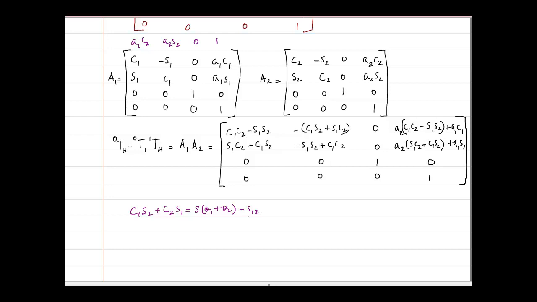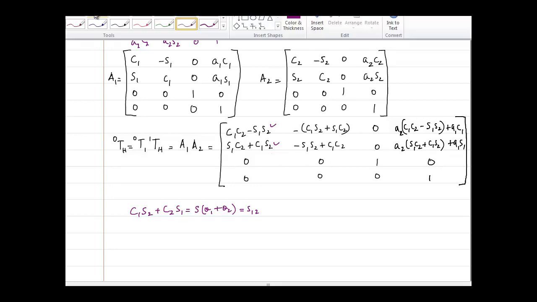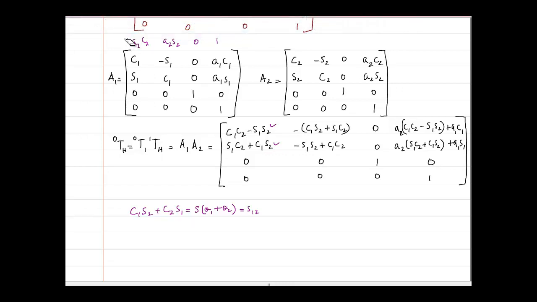So sine 1 2 actually means sine of theta 1 plus theta 2. So similarly you are having here, for the first one it is cos theta 1 plus theta 2. The second one is going to be sine theta 1 plus theta 2. So like that we can write for everything. So without wasting time, I will write that so that we get the final answer.